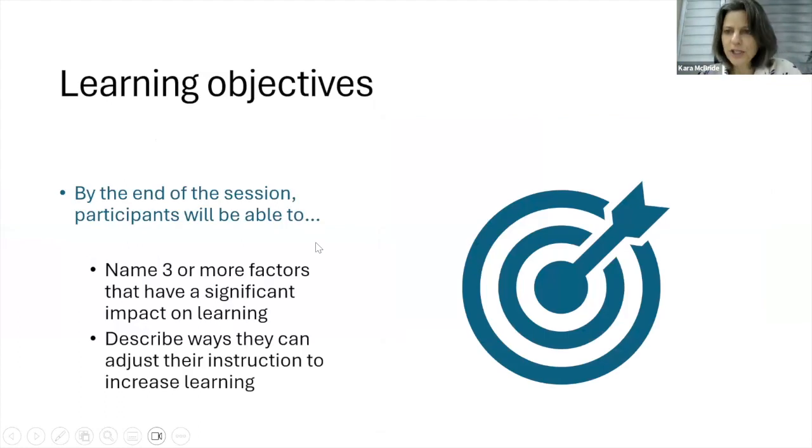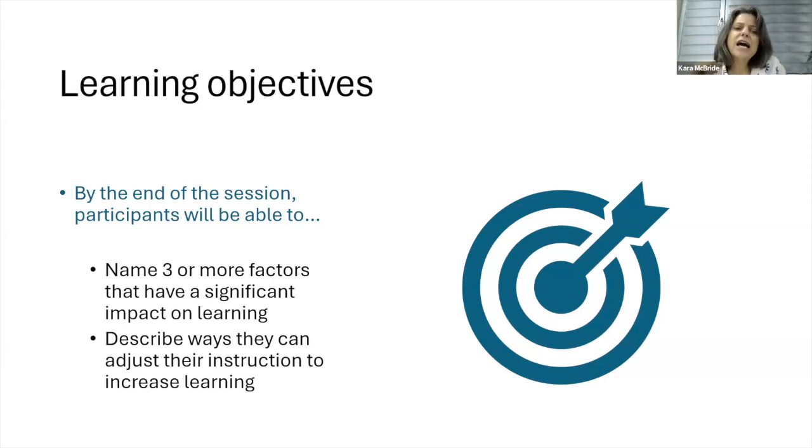So what are we doing today? These are my objectives for what we will be doing. I hope that by the end of this 2-hour session, you will be able to name at least 3 factors that have a significant impact on how people learn.